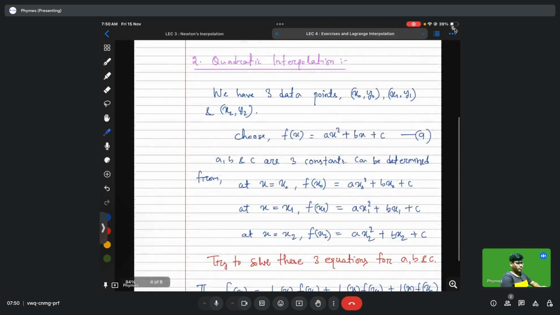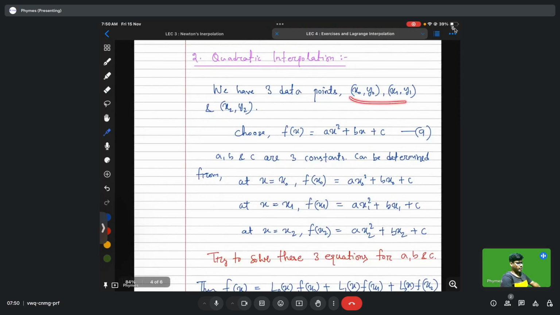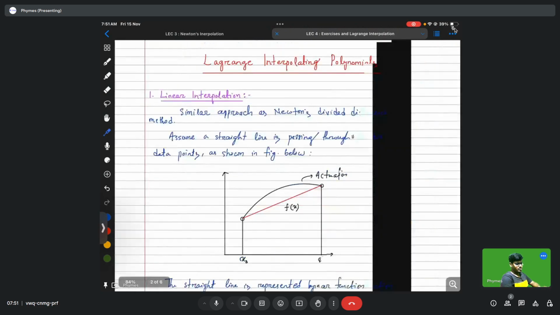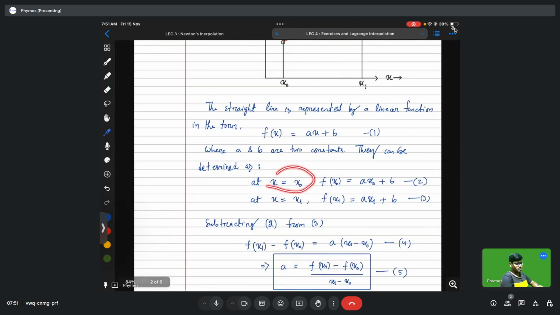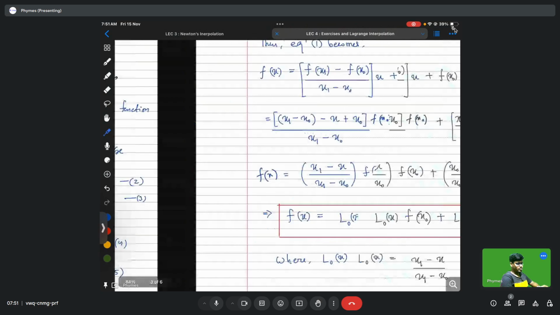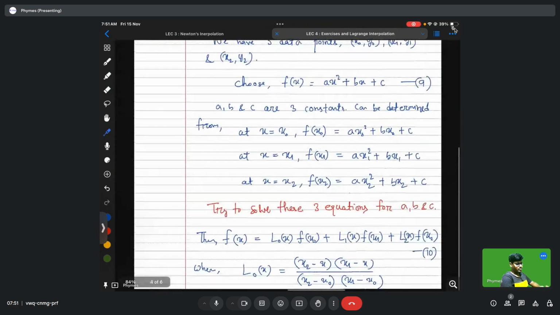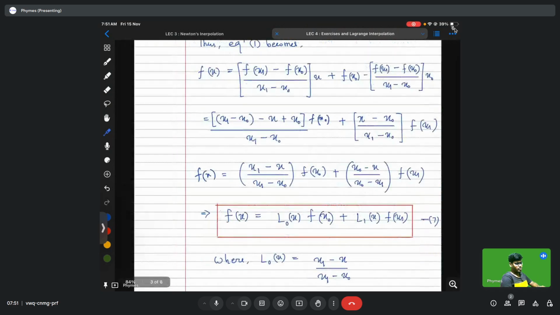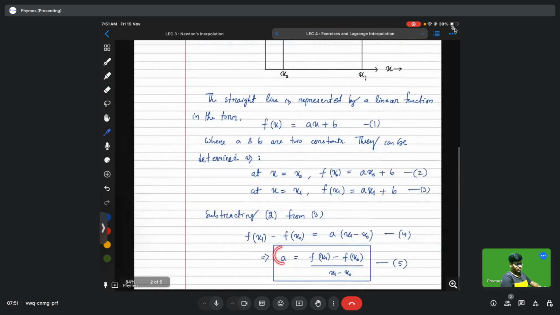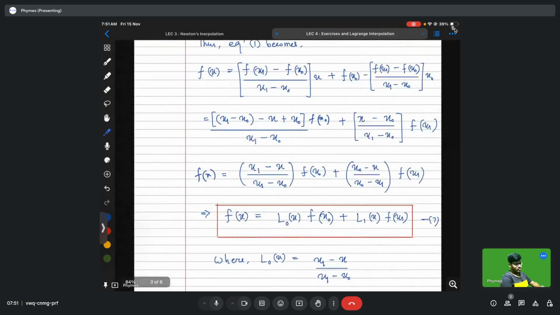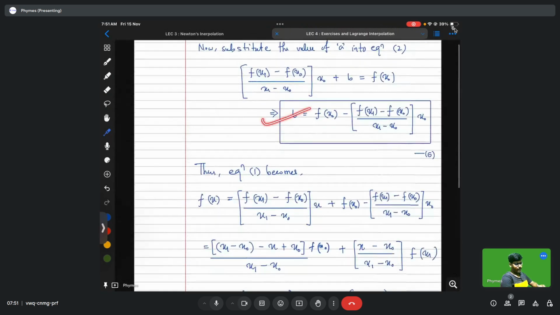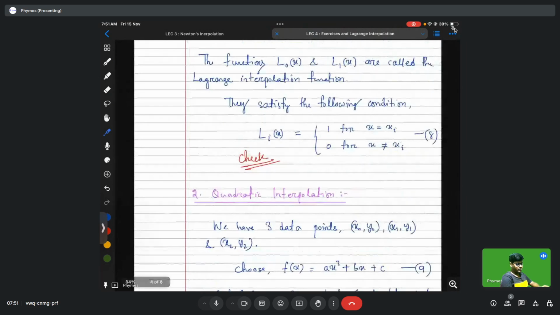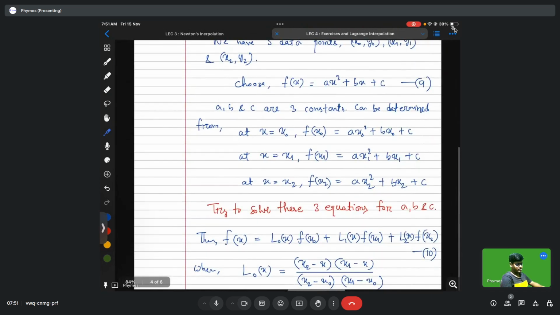And now using the conditions of the function values at the points x0, x1 and x2, similar to the previous case when we found the values of a and b, you have to find in this case the values of a, b and c.